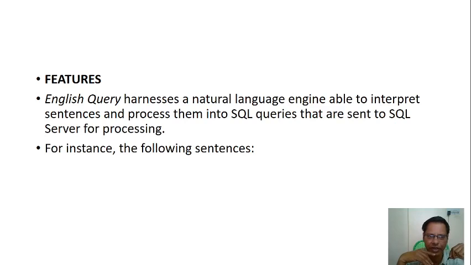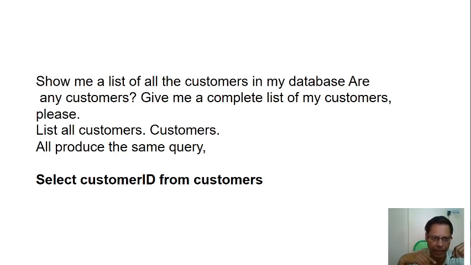The feature of English Query is that it harnesses a natural language engine able to interpret sentences and process them into SQL queries that are sent to SQL Server for processing. For instance, consider the query: select customer ID from customers. The meaning of that query is a list of all customers.